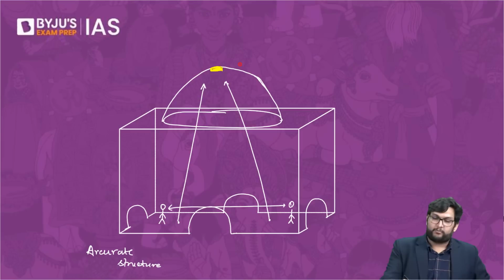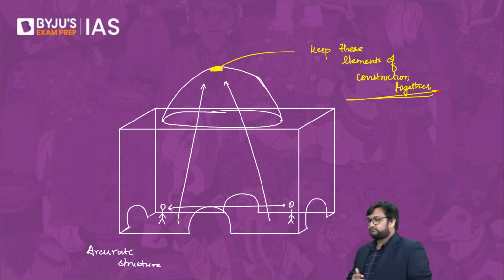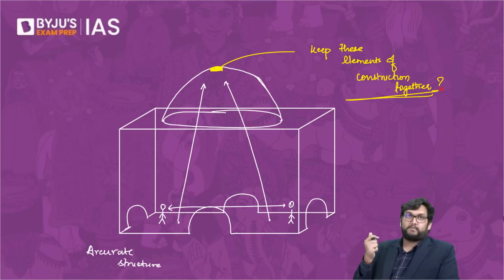The point is, in order to keep these elements of construction together, what do you need? You need a good glue, cement. What keeps all things together is like a cement. And here you have what is called the limestone mortar.